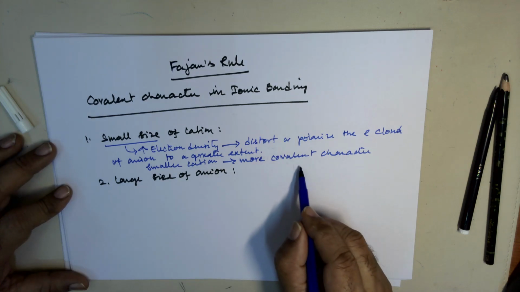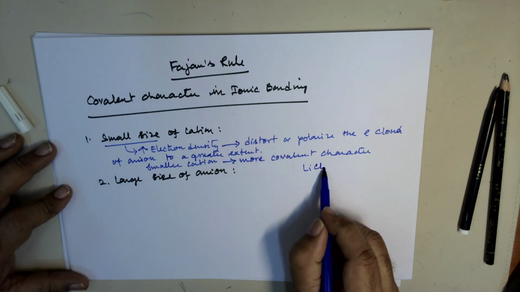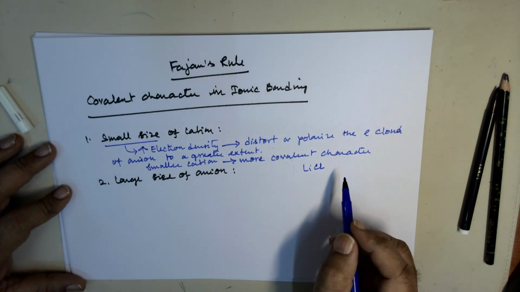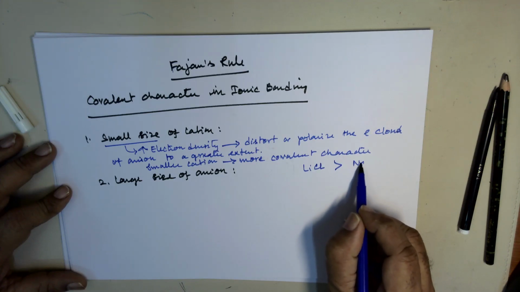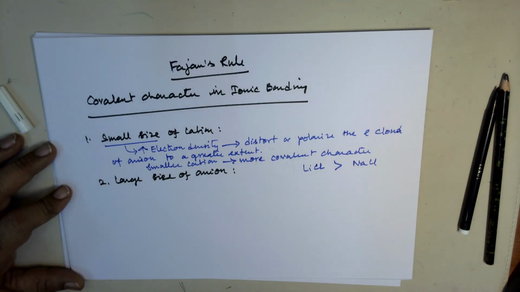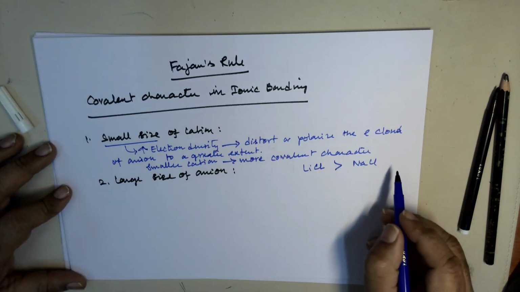For example, let me consider lithium chloride, LiCl. This is more covalent than NaCl and KCl.